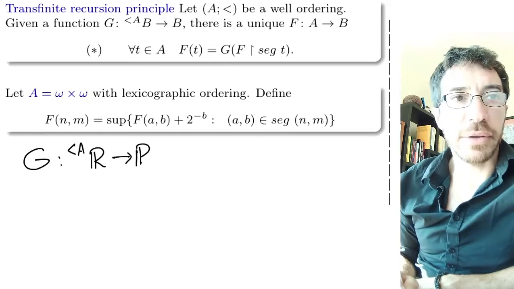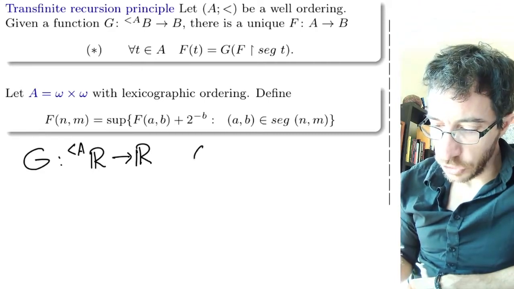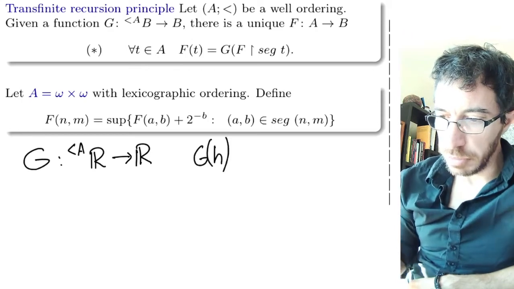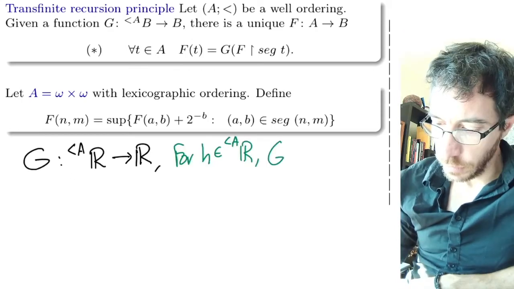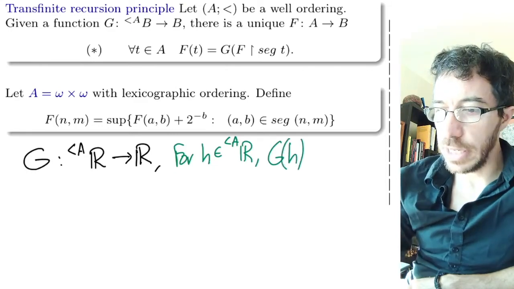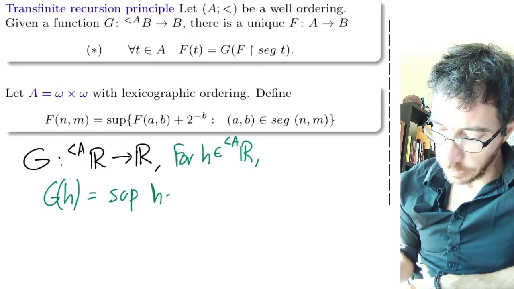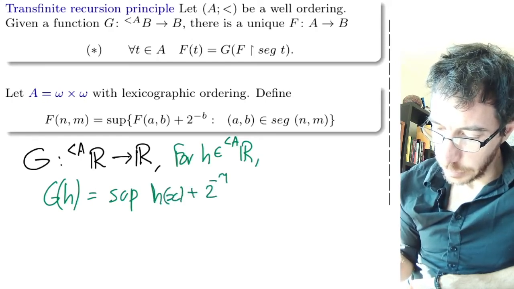In this case, we're talking about functions to the reals. And what G does when it takes a function H is to take the supremum of H of x plus 2 to the minus pi 2 of x.